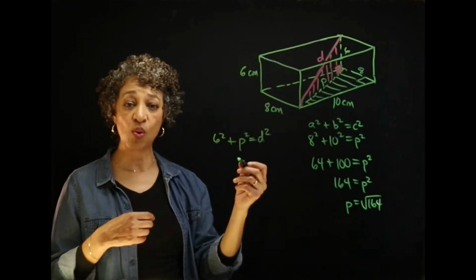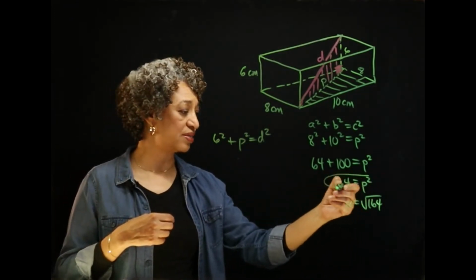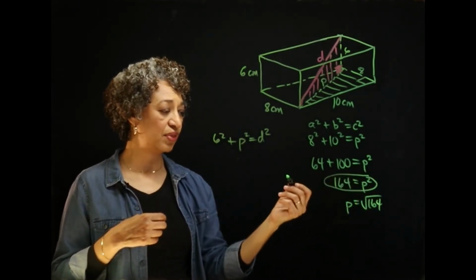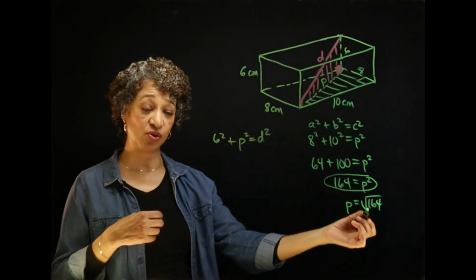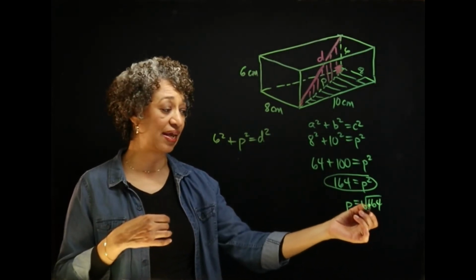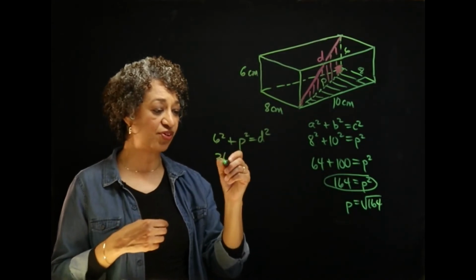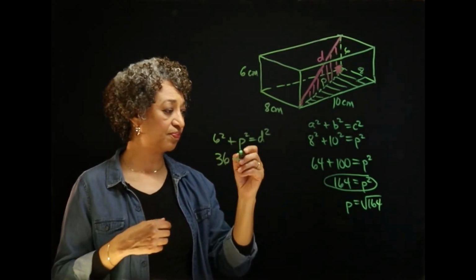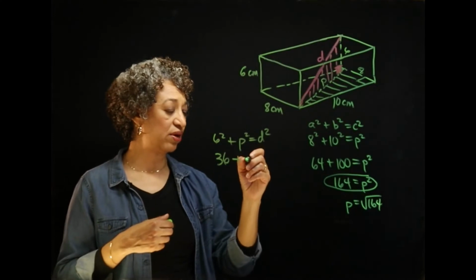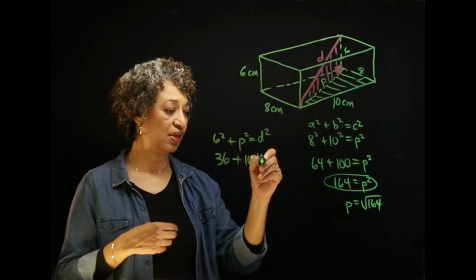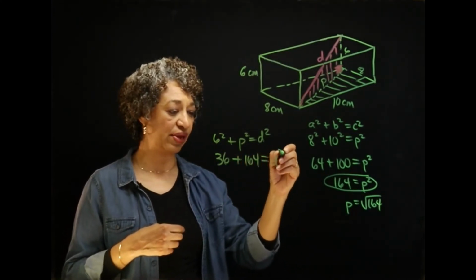But we already know what P squared is. P squared is 164. When we square the square root of 164, we get just 164. So we have 36 plus 164 is equal to D squared.